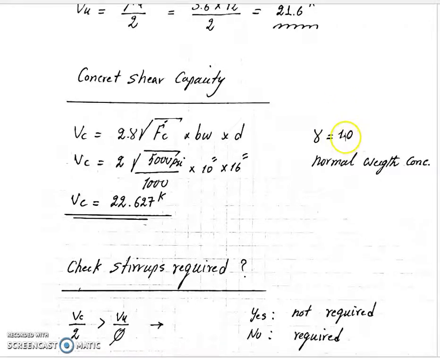Lambda is 1.0 for normal weight concrete, so we are going to use 1 throughout our calculation. Just make sure that fc prime has to be in psi, not in ksi. So we divide by 1000, so we get our result in kips. So our Vc is 22.627 kips. bw is given 10 inch and d is given 16 inch.